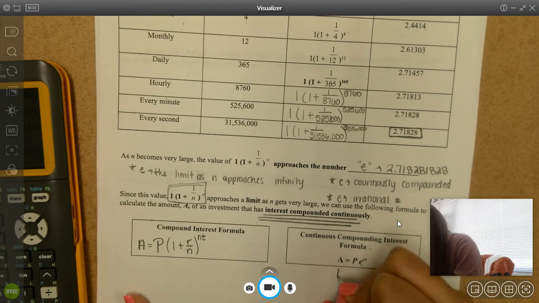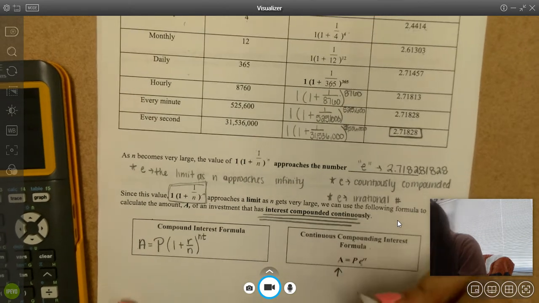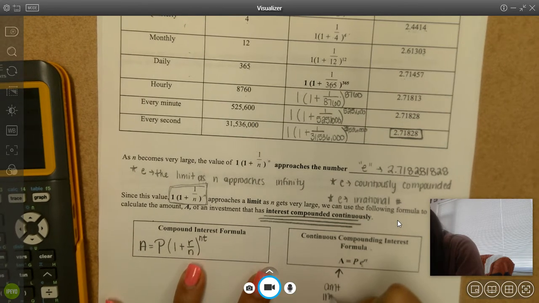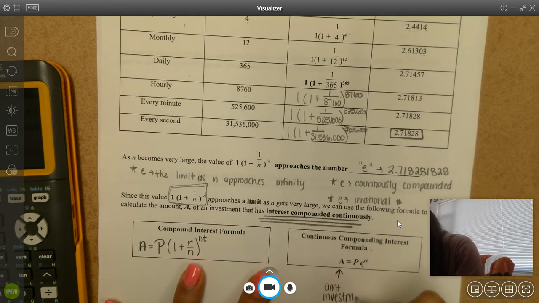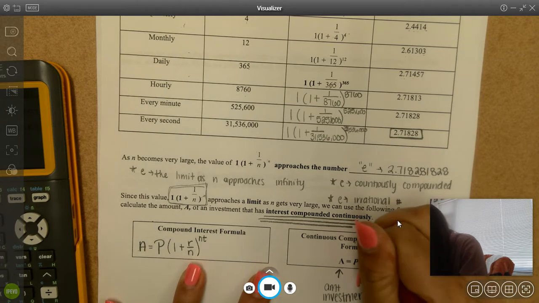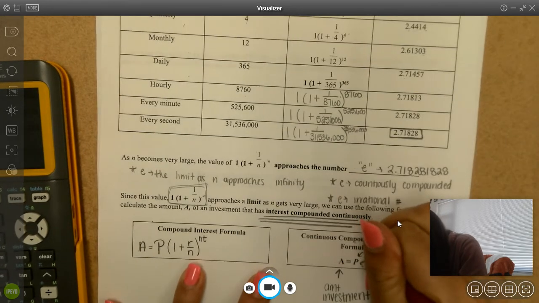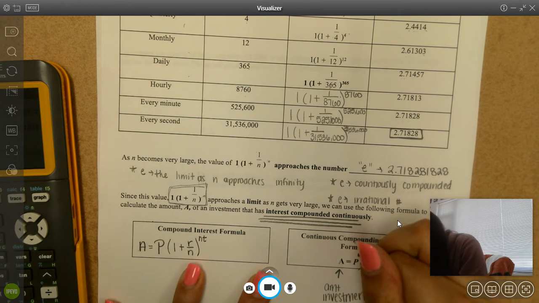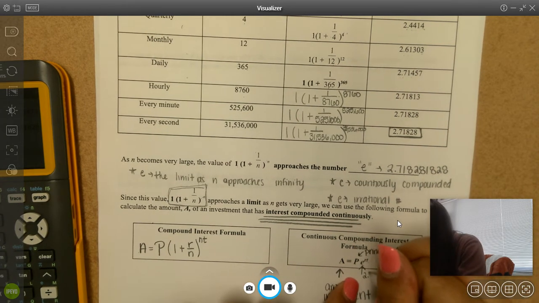So A is still the amount of your investment, right? Okay, P is still that principal or your initial value. E, okay, is that value of 2.71828.